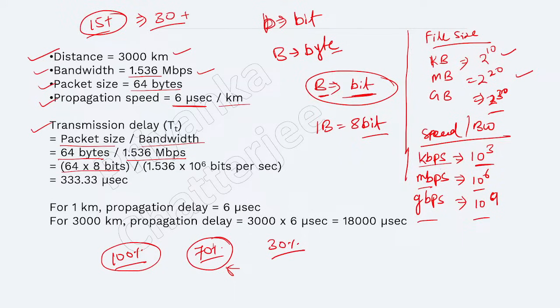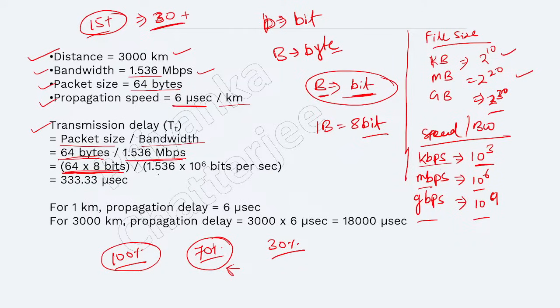More than 30 marks can also be there in networking. That is the current trend. So there is no way of leaving this subject, and you have to be very careful at the time of conversion. That's why the 64 byte we have to convert in bit, 64 multiplied into 8.